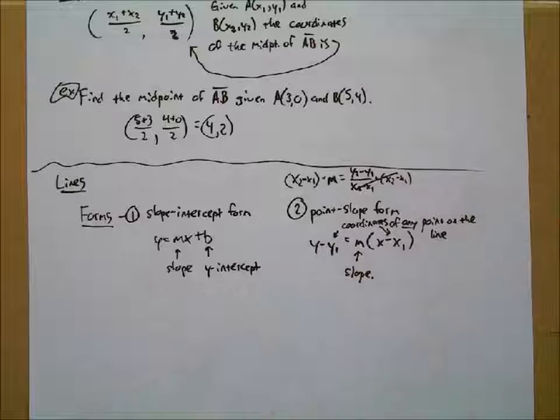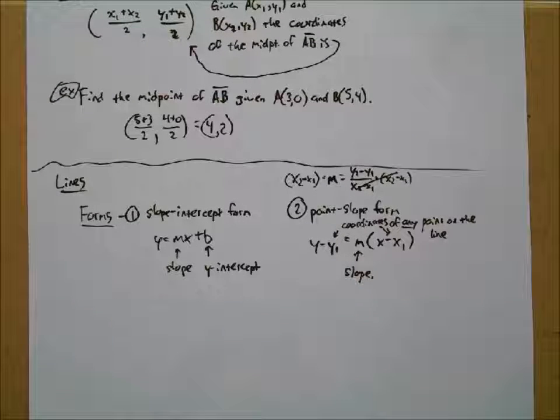So it's just a manipulation of the slope formula. For our purposes, for our class, you should be familiar with both forms. I'm showing them both to you, so you should be comfortable with both of them. Just a heads up.